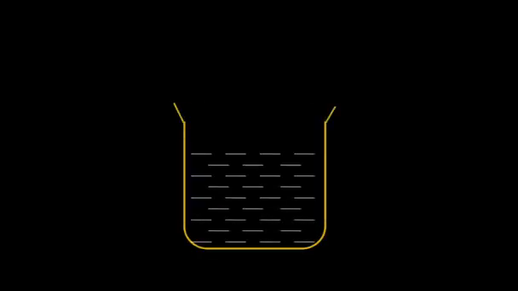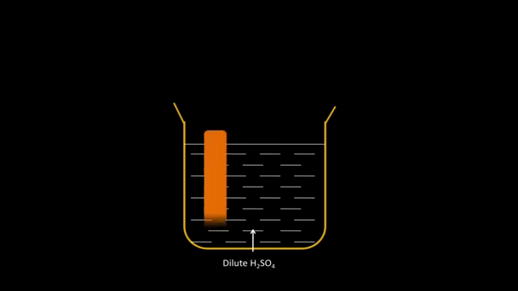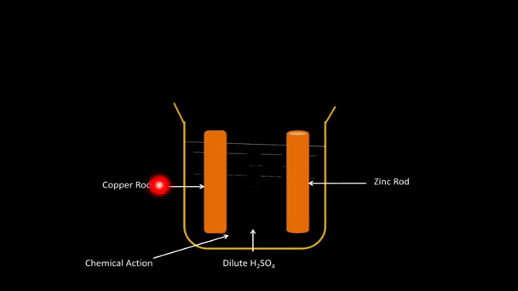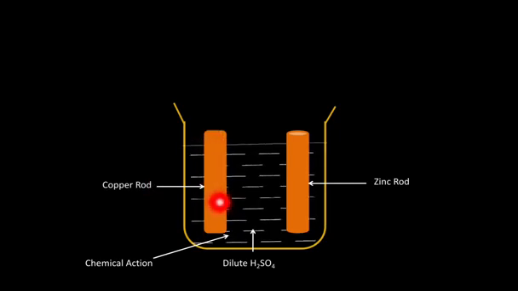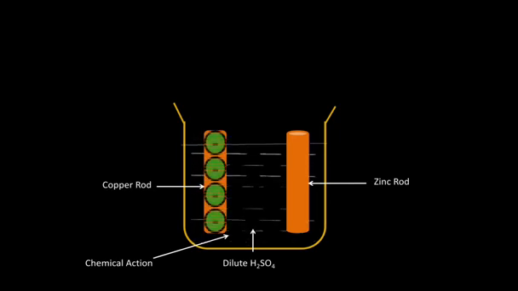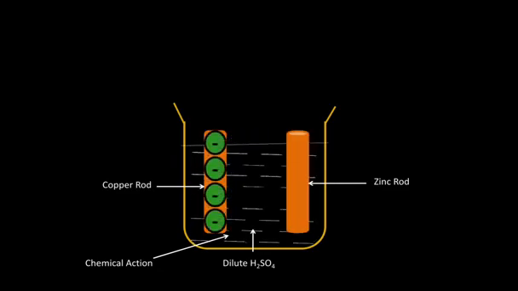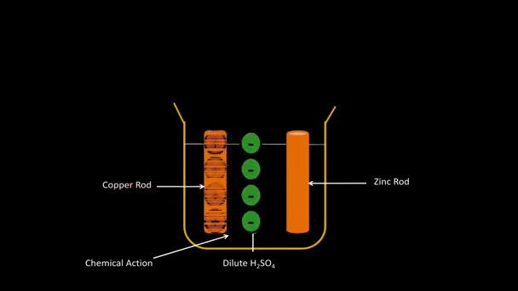We know that in a battery, we take dilute H2SO4 and two rods, one copper rod and one zinc rod. Because of the chemical action, the copper rod, which has an ample amount of free electrons, has all its electrons accumulated on the zinc rod.